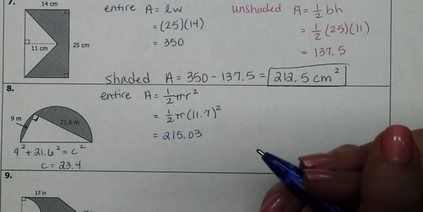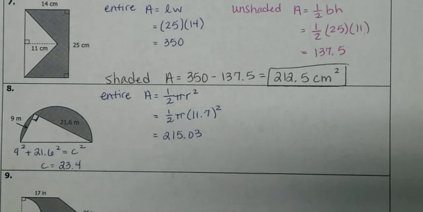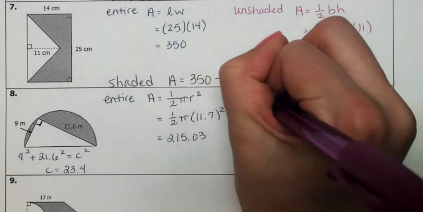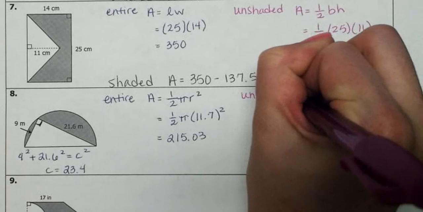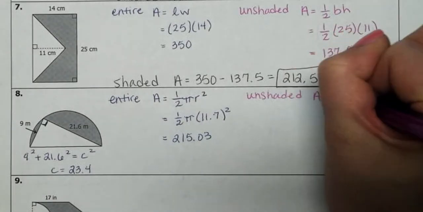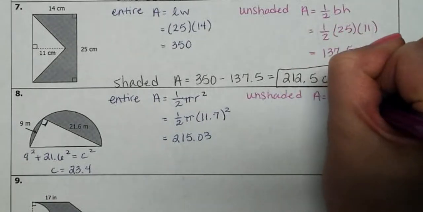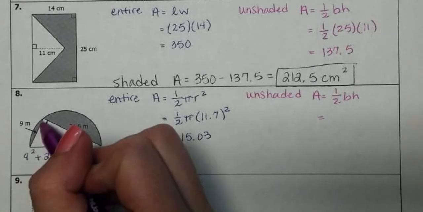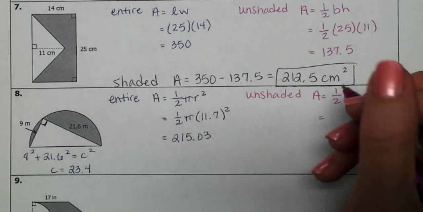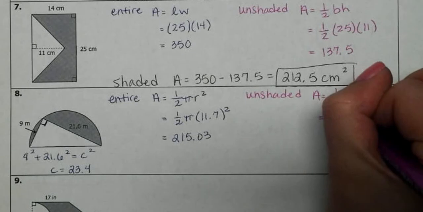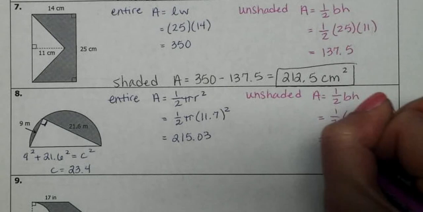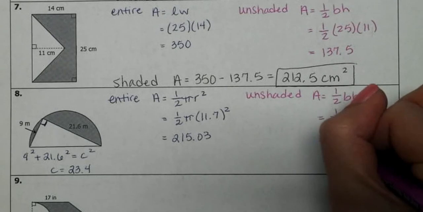Okay. So now to find the unshaded, this is a triangle. It's 1/2 base times height. This is your height and this is your base. So you're going to have 1/2 times 9 times 21.6, which is going to give you 97.2.